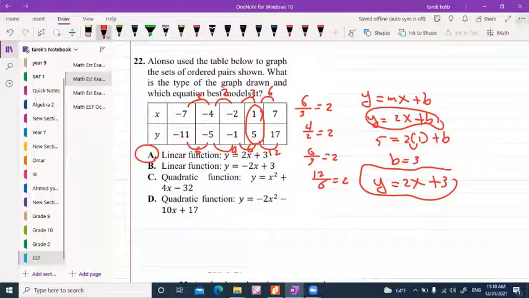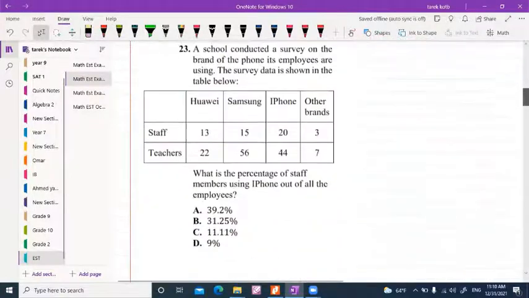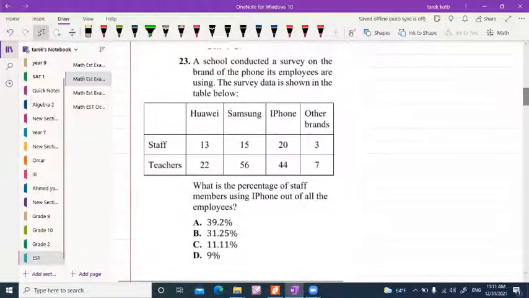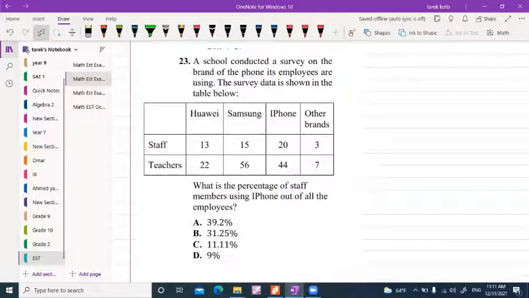Number 23. A school conducted a survey on the brand of the phone its employees are using. The survey data is shown in the table. This is the type of the cell phones, and this is the staff and teachers. What's the percentage of staff members using iPhone out of all the company?